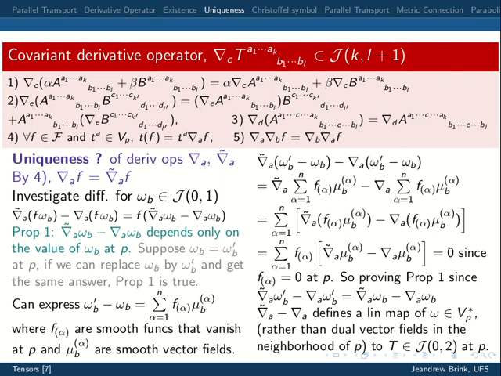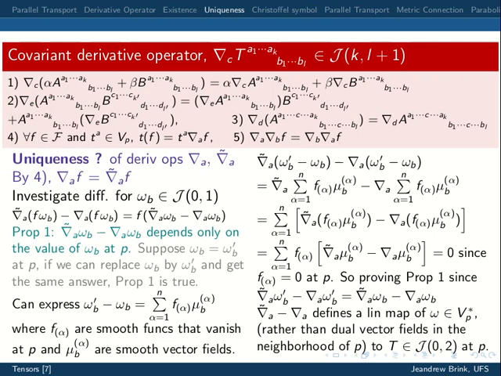The last time we started introducing the idea of parallel transport, and the rough definition was it's a way of moving a vector so that the derivative of the vector doesn't change, or the vector doesn't change along the path. And then we went on and we defined a covariant derivative operator.